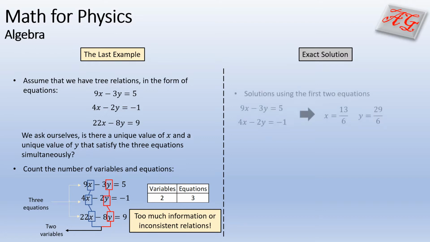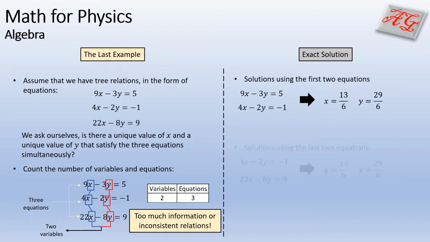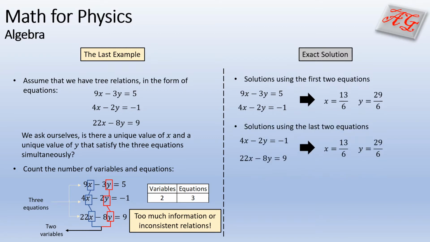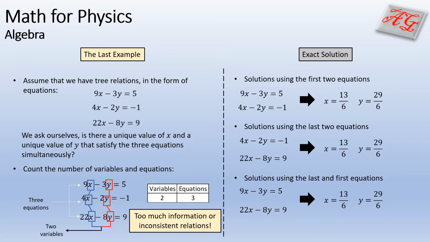Whether we use the first two equations, or the last two equations, or the first and the last equations, they all yield the same value for x and y. So to solve this system, we have too much information. But how so? The equations look so different, and the relations between the equations are at least not obvious at first sight.